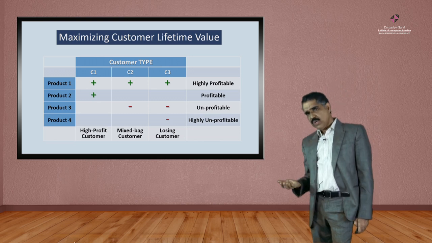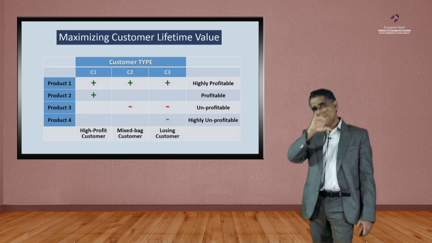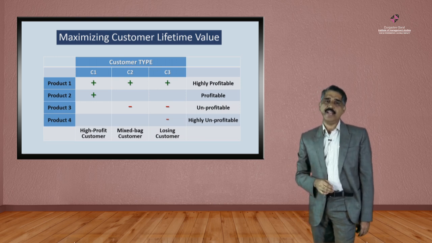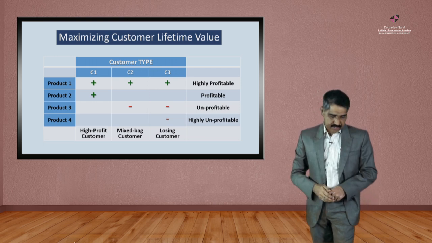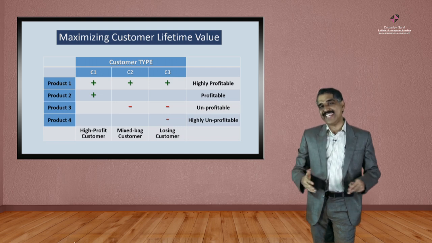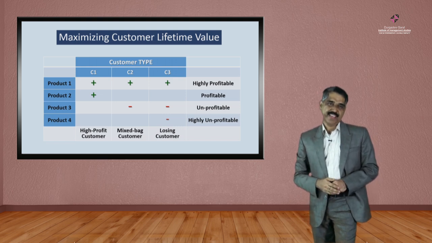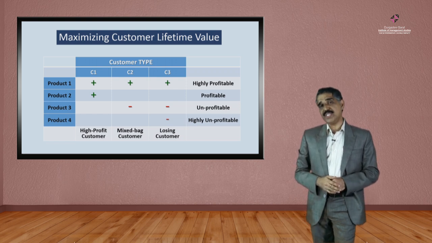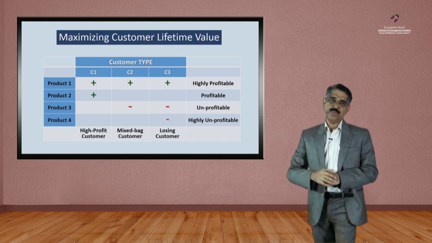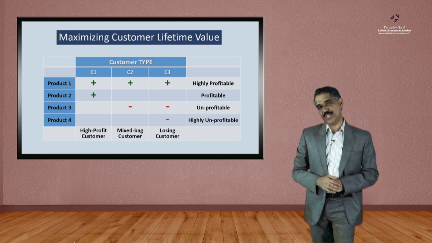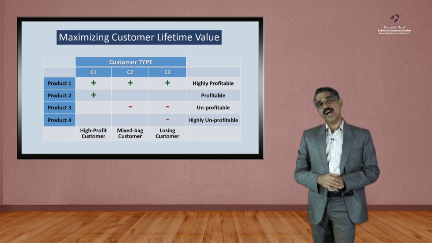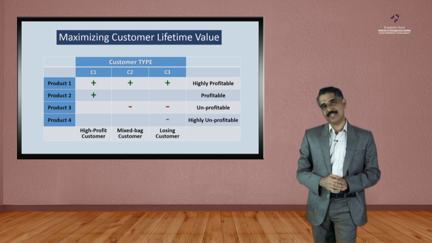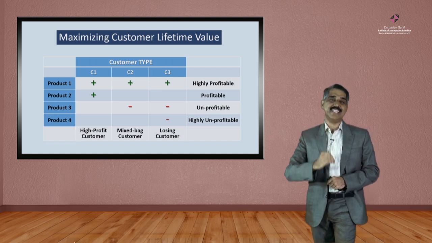Now see, if you look at the whole gamut of customer satisfaction, so far I was talking about the importance of retaining a happy customer, and then the meaning of customer perceived value, value maximization, and how to retain a customer and how to address customer dissatisfaction.